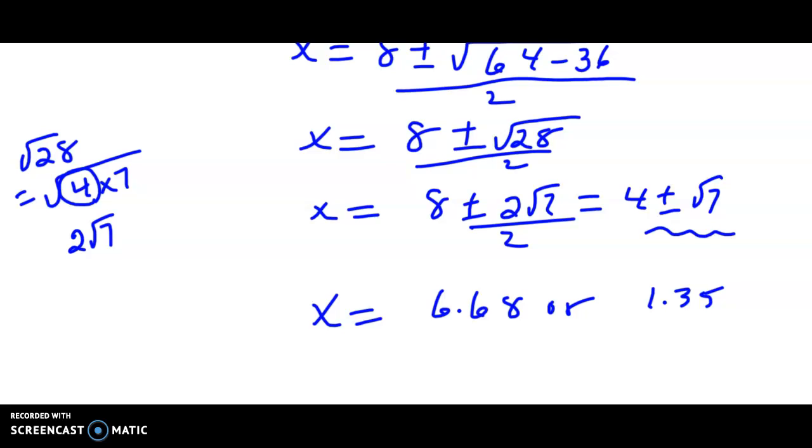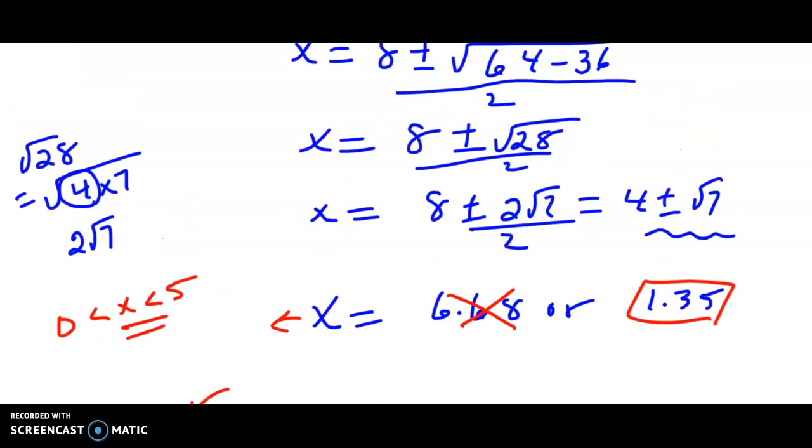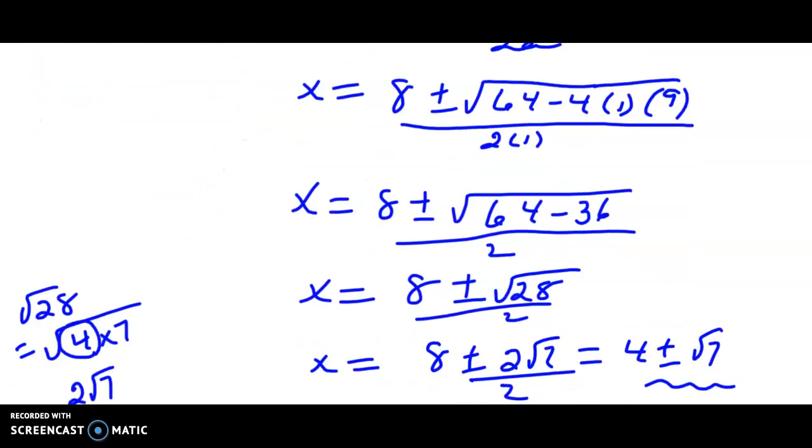Right away, I know I can reject the value of 6.68 because you've got to remember x has to be a value between 0 and 5 from the earlier statement. So I have x equals 1.35 as a solution. That works. But going back to synthetic, we also remember that x equals 2 worked as well.